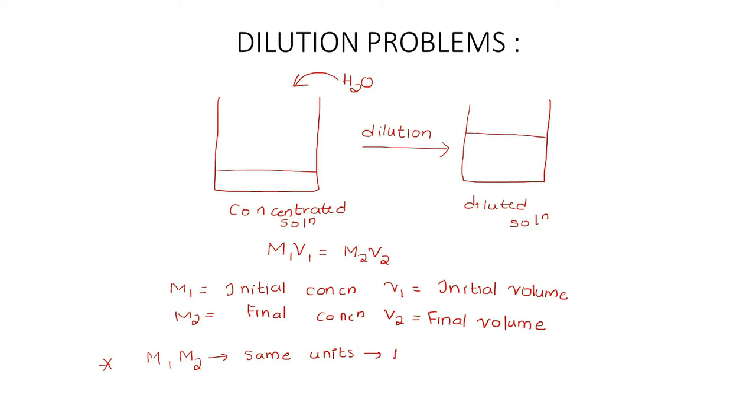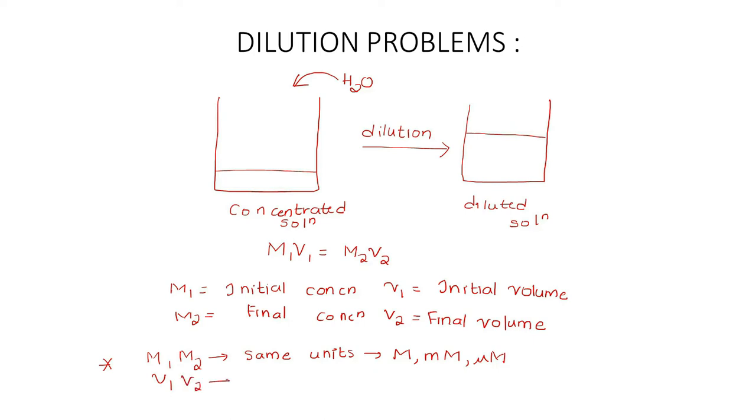Both can be in molarity, or both can be in millimolar, or it can be micromolar. So if M1 is in molar, then M2 should also be in molar. If M1 is in millimolar and M2 is in molar, then you have to make the conversion in either of the units. Same goes with the volume as well.